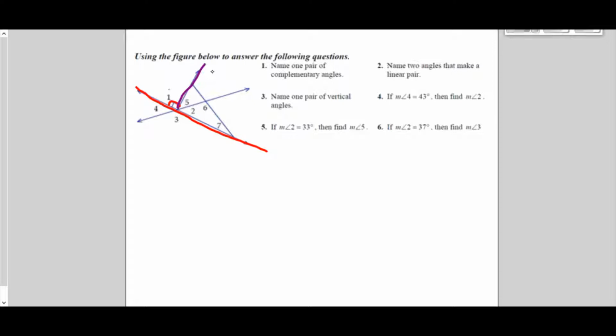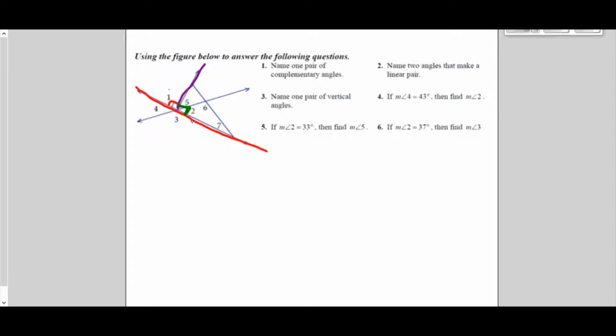So if angle 1 is the right angle, then since it's forming with this purple line, the angle right on the opposite side of angle 1, this green angle that I'm sketching, is also going to have to be 90 degrees because they have to add up to 180. Remember, two angles forming along a straight line must add up to 180.